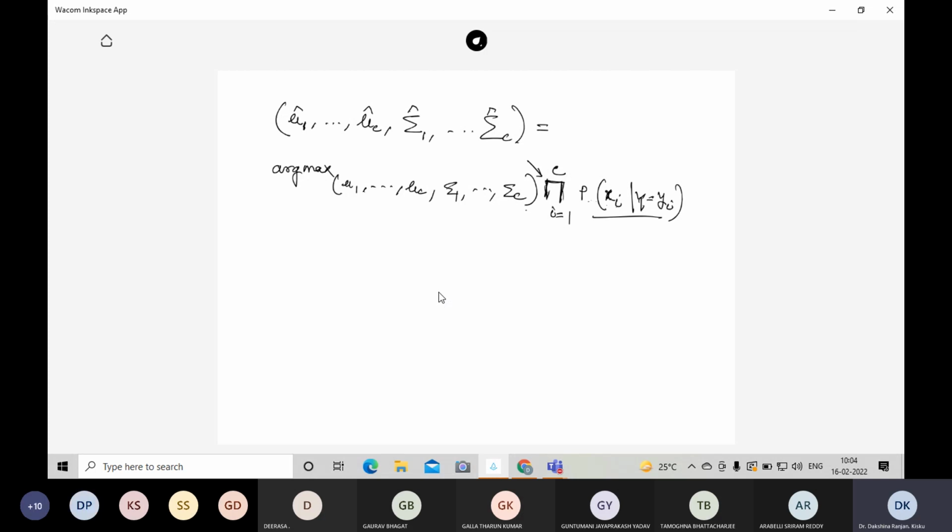So this product will be estimated over this likelihood, i equals 1 to C, where capital C is the total number of classes.